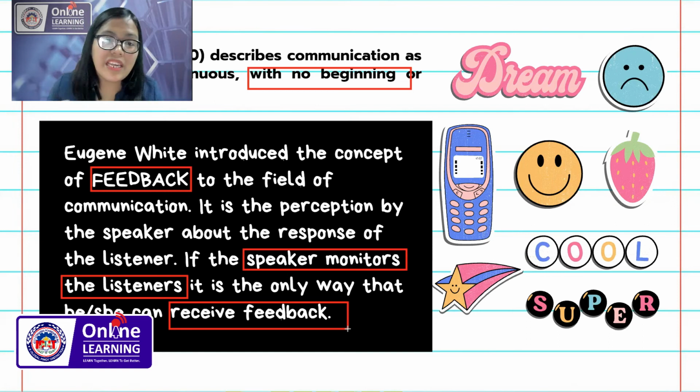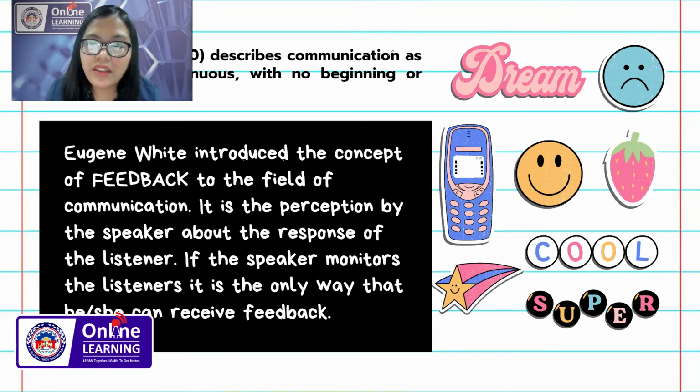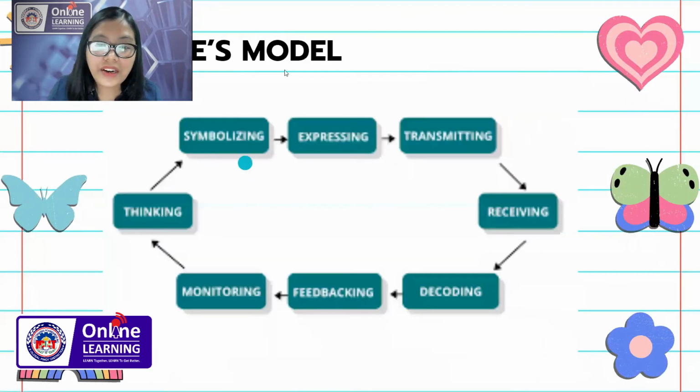As long as you are giving such replies, the speaker monitors the listener. If the listener gives a reply, the speaker will also reply. So the communication is continuous. As you can see in the model, the first one is thinking.